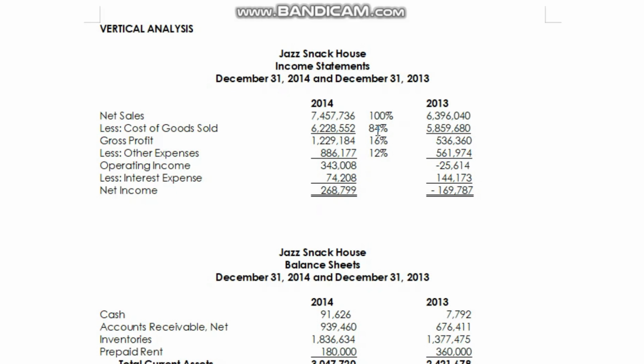It's 0.045. So that's going to be 5%. For interest expense, 74,208 divided by the net sales, 7,457,736. And then it's 0.0099. So it's equivalent to 1%.